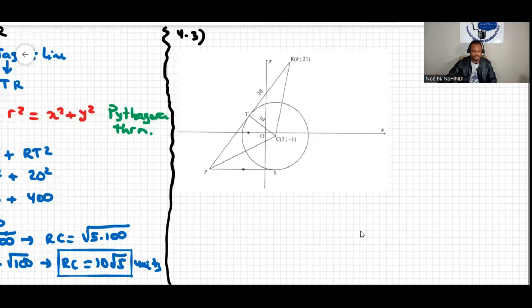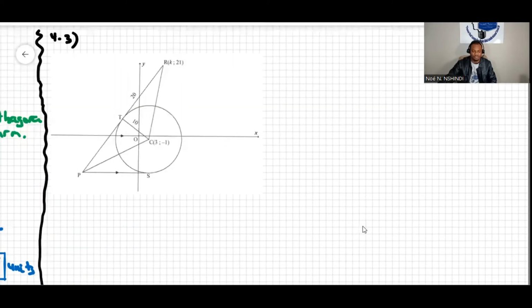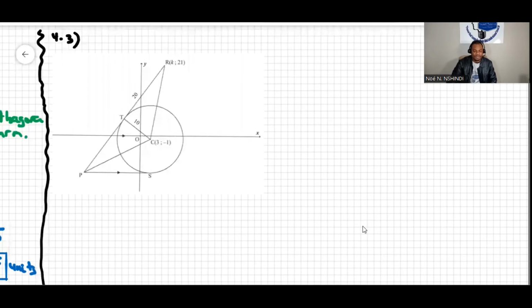Okay, let's move this over here. So we are looking for k. And they said it is in the first quadrant. Obviously, we can see k is also in the first quadrant, because this is the first quadrant, second, third, fourth.